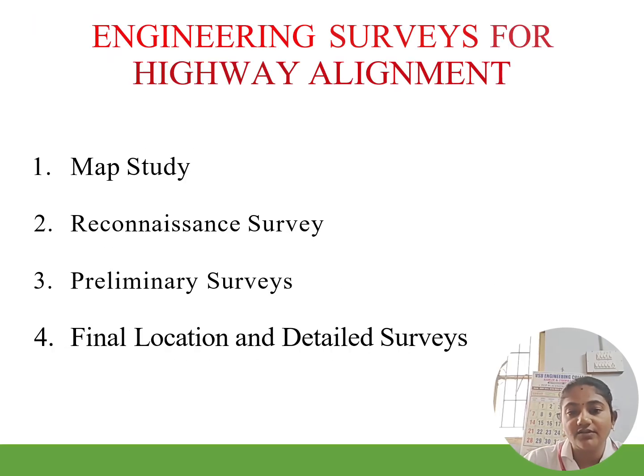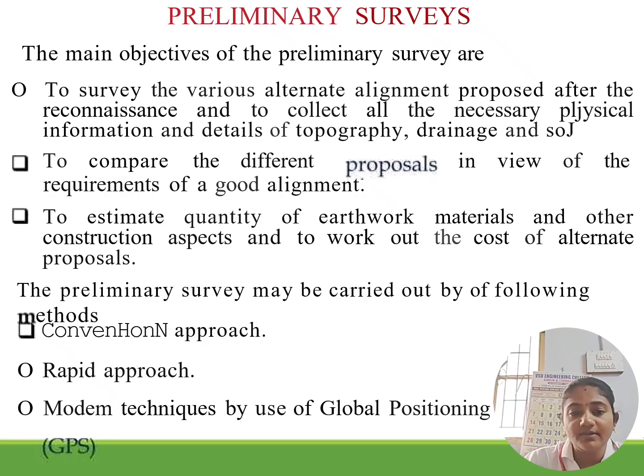An engineering survey of highway alignment. Before constructing a highway alignment, we should consider these four points: map study, reconnaissance survey, preliminary survey, final location and detailed surveys. Preliminary surveys should be conducted before constructing it.